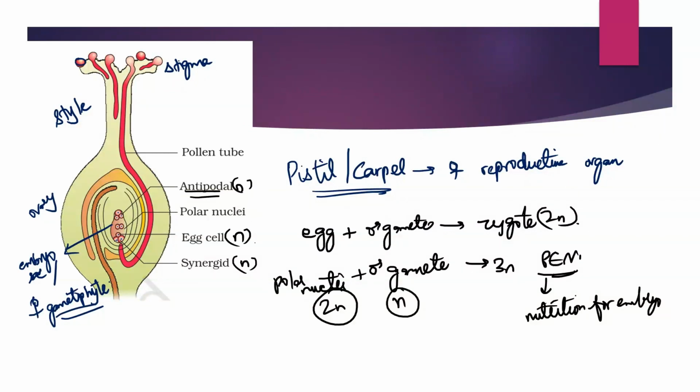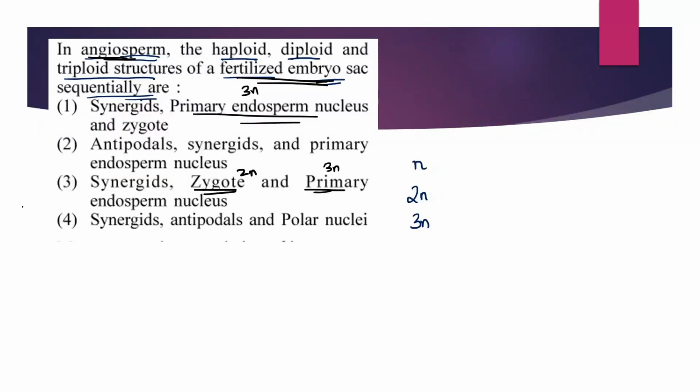While the synergids present on either side of the egg cell, and the antipodals, are haploid. So the best option that describes the answer is option 3, where the haploid structure is synergids, diploid is the zygote, and the triploid structure in the fertilized embryo sac is the primary endosperm nucleus.